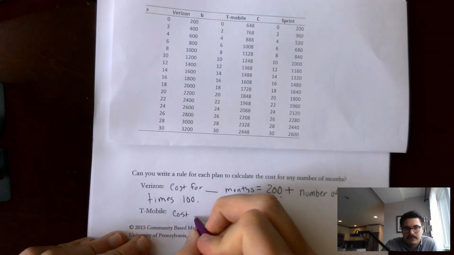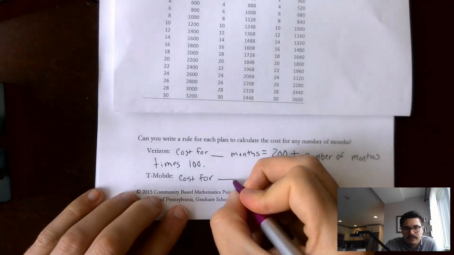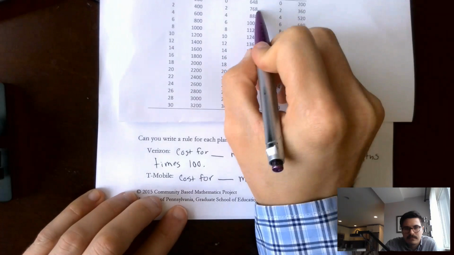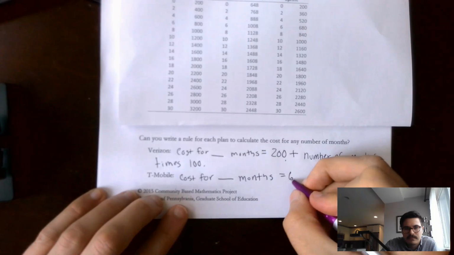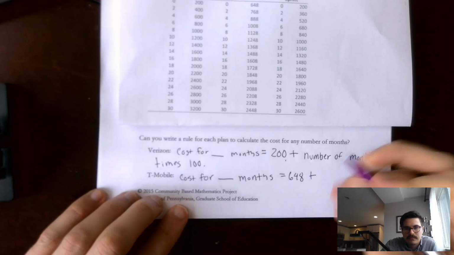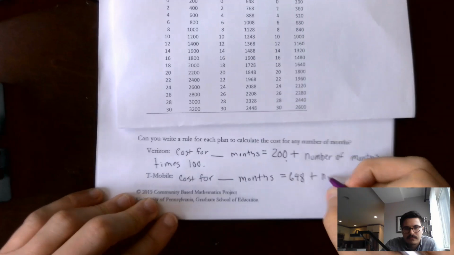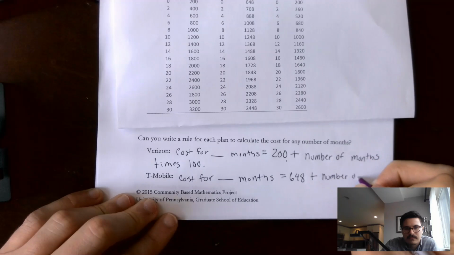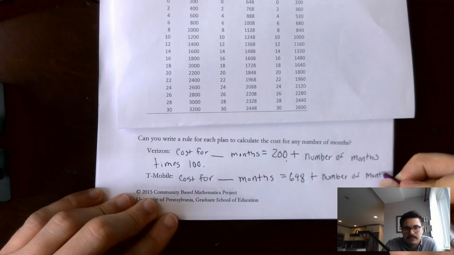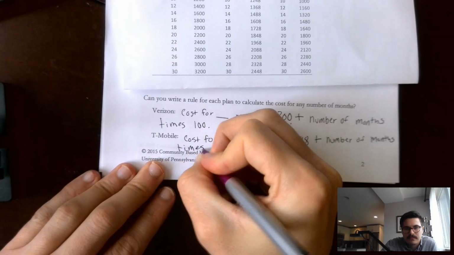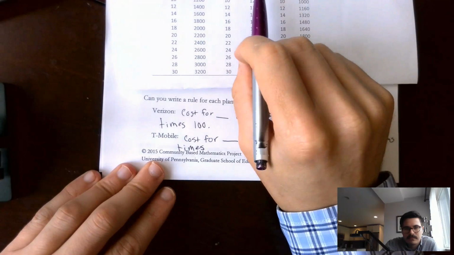T-Mobile. Cost for blank months equals, again, our starting point is 648 plus the number of months times, let's see, what was the cost of that?